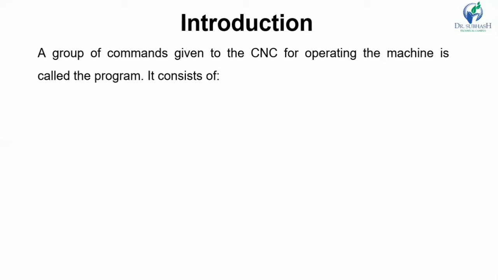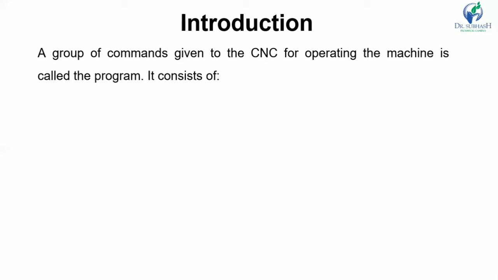Part programming is the procedure by which the sequence of processing steps and other related data to be performed on the CNC machine is planned and documented. The part program is then transferred to an input medium, which is used to instruct the CNC machine.